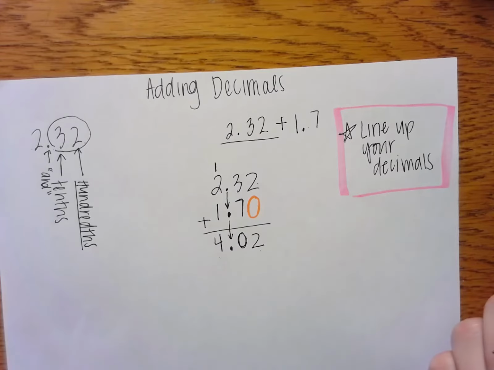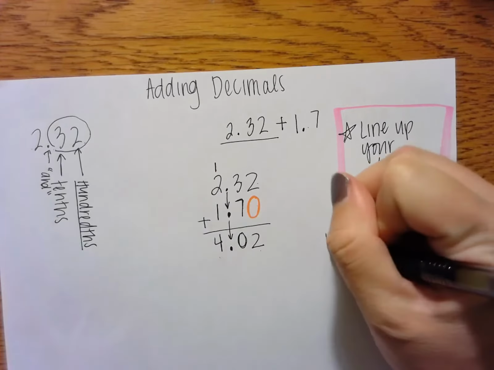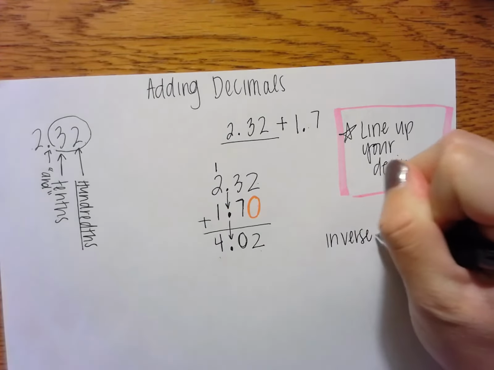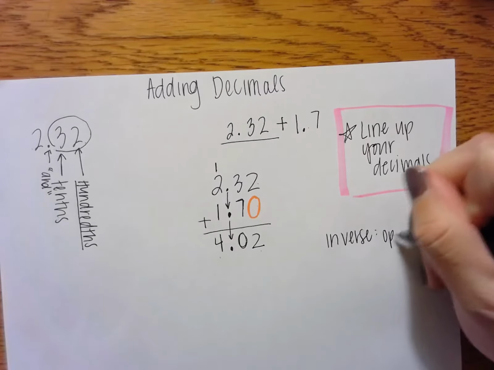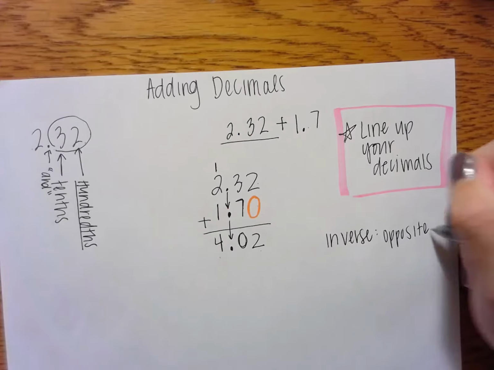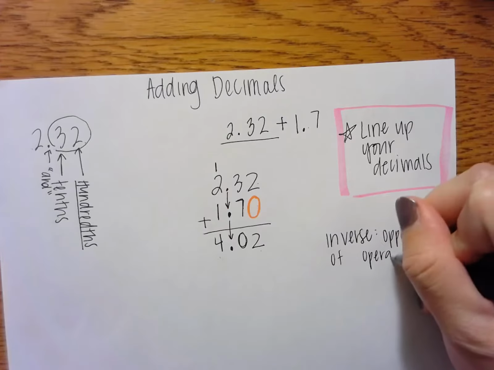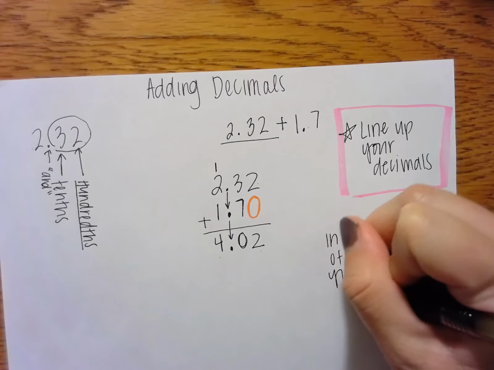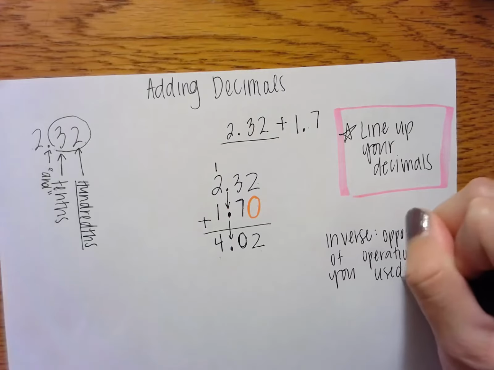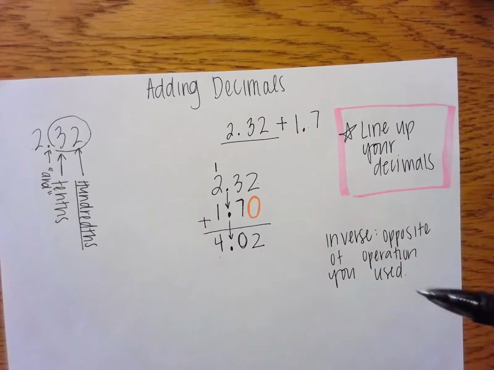If we want to check our answer, we could just use the inverse. That just means the opposite of the operation that you just did. In this case, we added, so the opposite of addition is always subtraction.